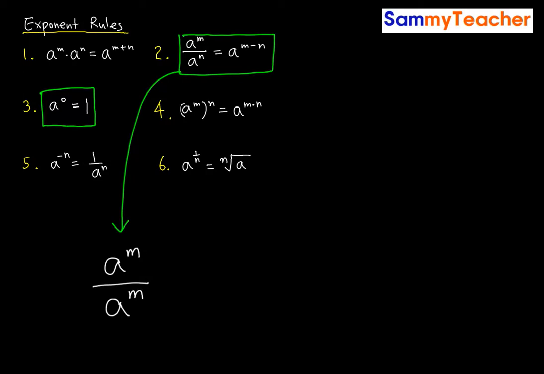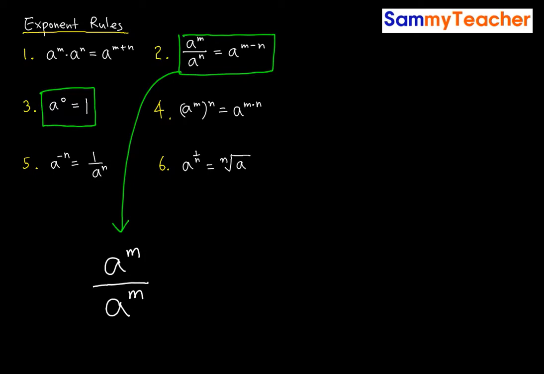So the bases are the same and the powers are the same too. And at this point, I have to tell you that a should never be 0, because that will make this denominator undefined. You can't divide any number by 0. So it could be any other number except 0.